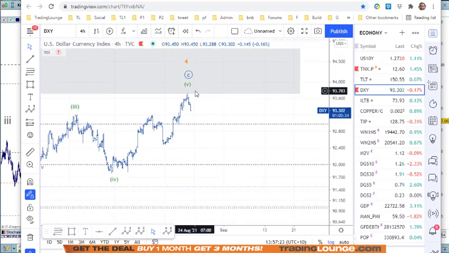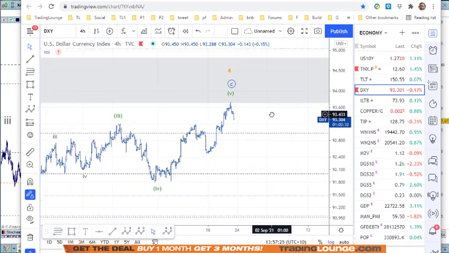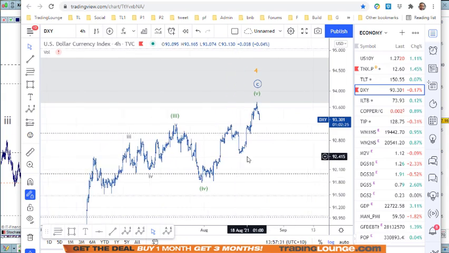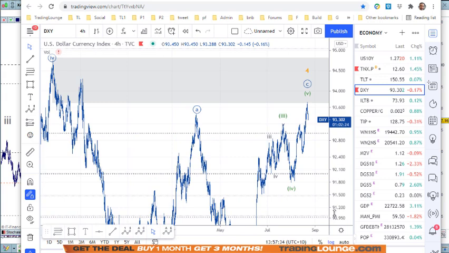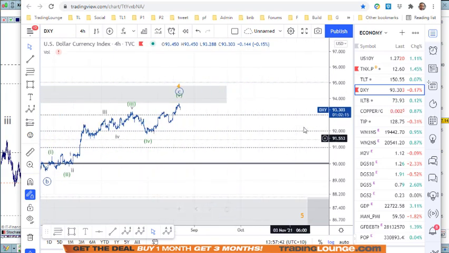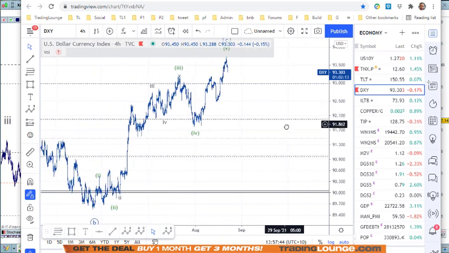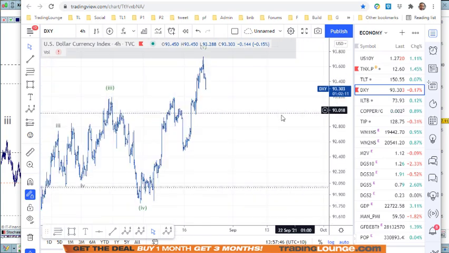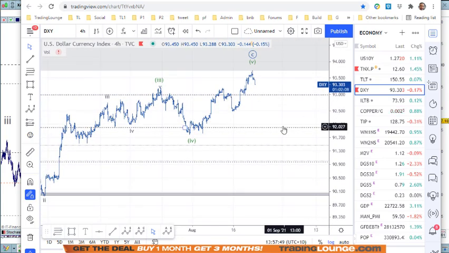If it goes beyond that, then I'll be left scratching my head a little bit, and we'll need to look at another bigger correction to the upside, because I do feel like it's corrective based on the fact that this here off the low is in 3 waves and not 5 waves. So let's just see how that plays out. So that's the US dollar index play at that point.